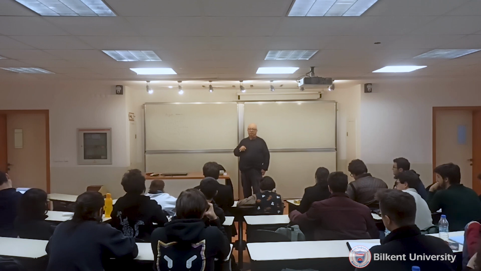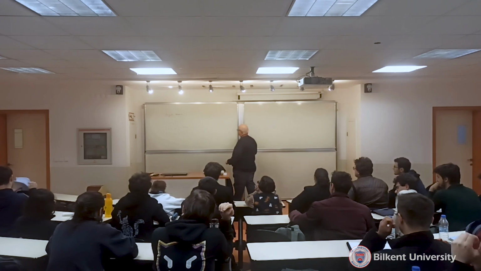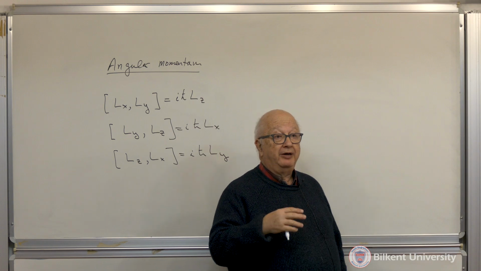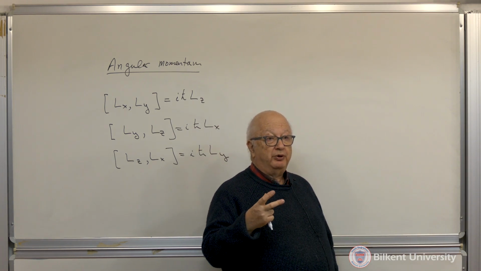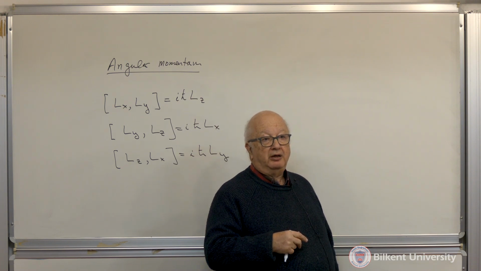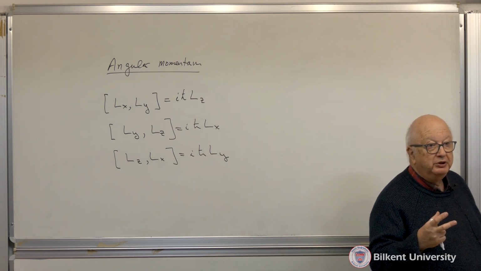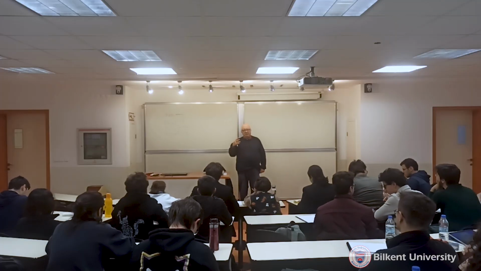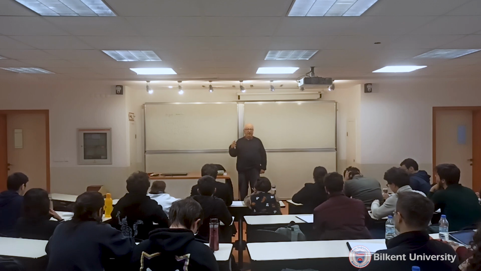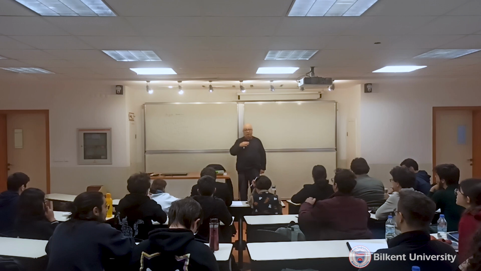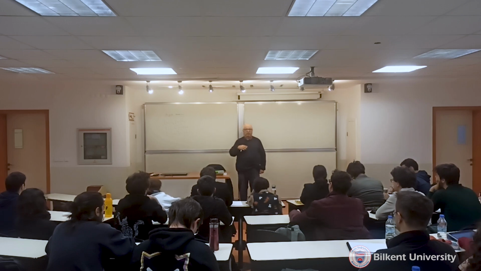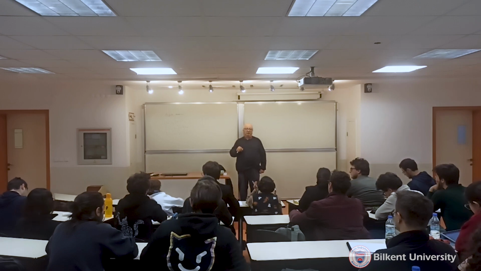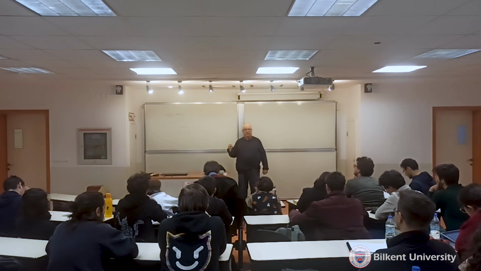In practice, if you have a charged particle with some angular momentum, that corresponds to a magnetic moment, and the magnetic moment can be measured by various methods. In particular, if you put it in a non-uniform field, there's a force on the magnetic moment which deflects it one way or another. So by measuring the amount of deflection, you can measure the magnetic moment, which is a measure of the angular momentum.